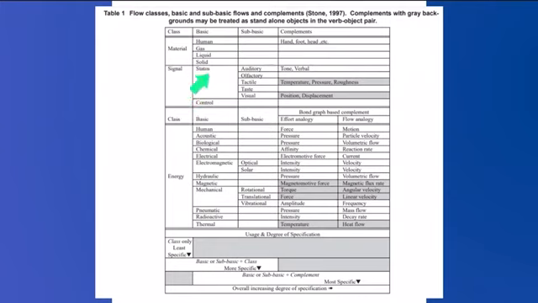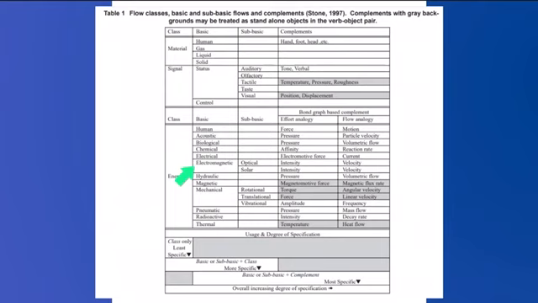Status of signal can be in terms of auditory, olfactory, tactile, taste and visual. So this carries signal in terms of status. And for control, any information input is from the control panel.